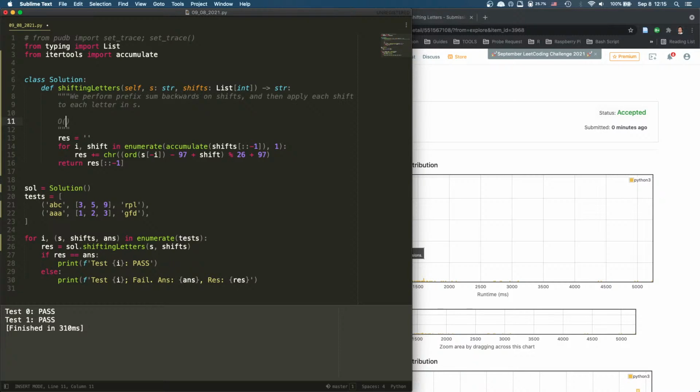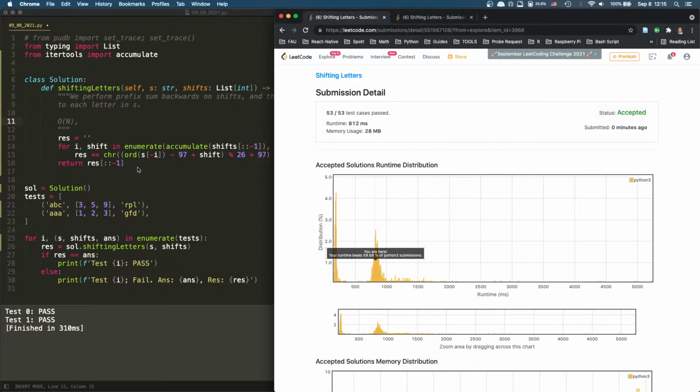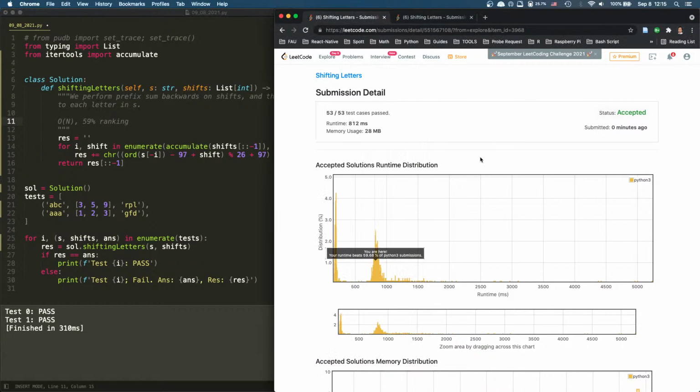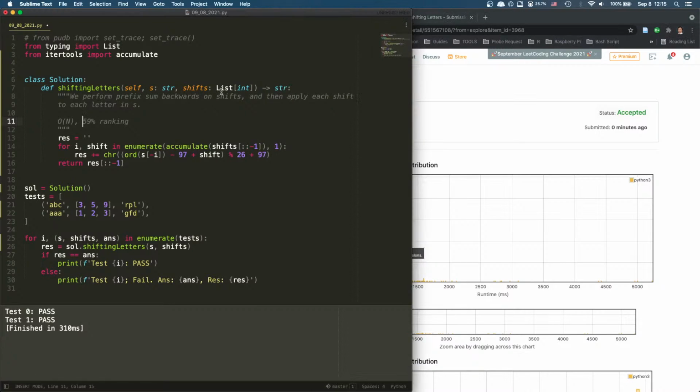So it should be O(N), right? Yeah, it should be O(N), and we arrived at 59% ranking with 218 with 812 milliseconds. I have one more trick up my sleeve.